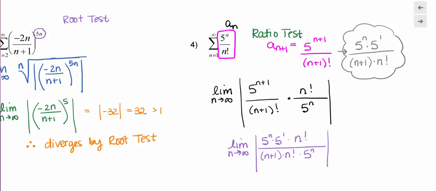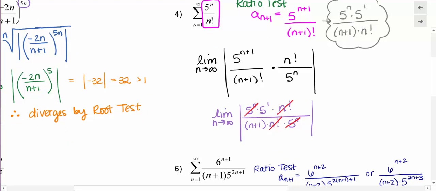And now because everything is factors, I can divide, for example, 5 to the n divided by 5 to the n. I can divide n factorial by n factorial to be 1. Again, I'm doing an algebraic manipulation, not a limit. So now I'll look at the limit. What I have left is the limit as n approaches infinity of 5 over n plus 1.